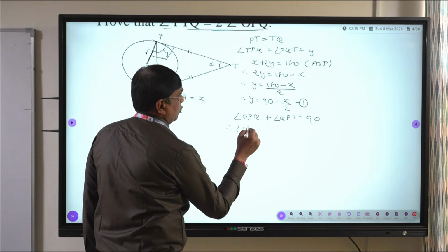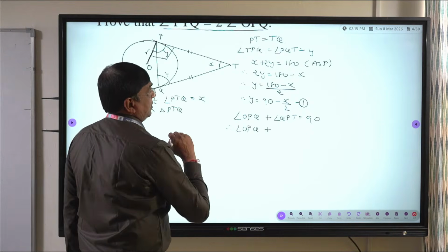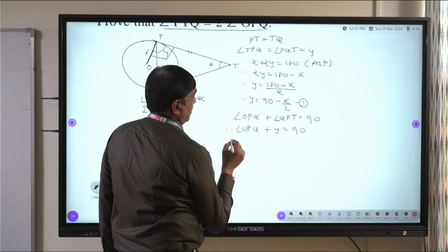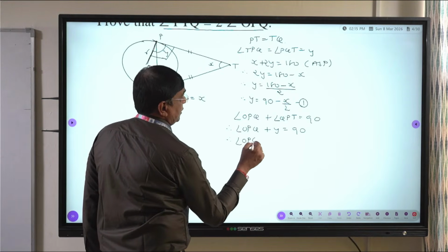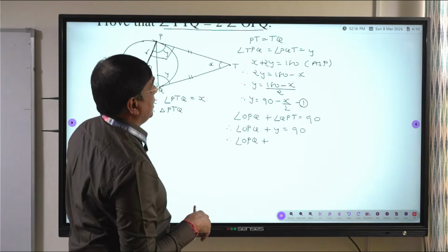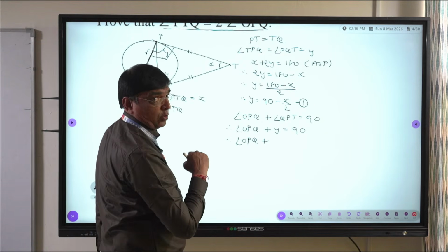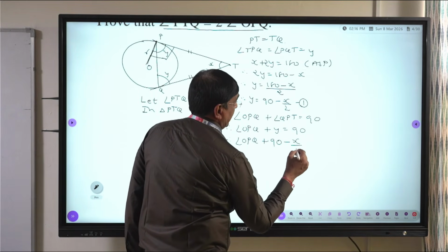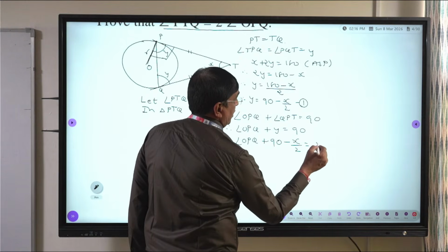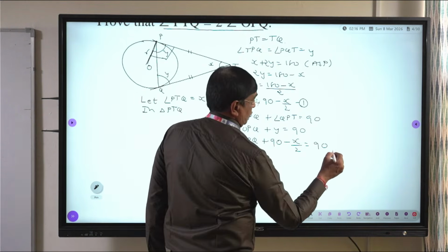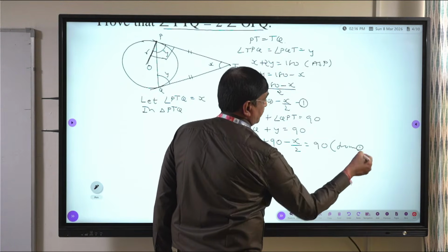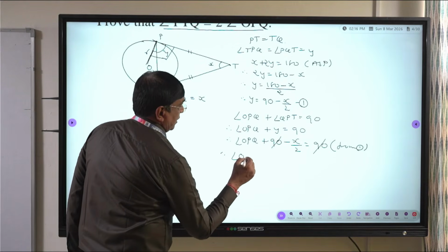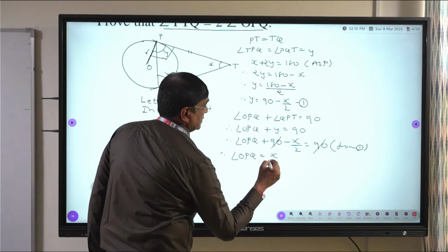So angle OPQ plus y equals 90. Therefore angle OPQ, but the value of y is already there by result 1. What is y? 90 minus x upon 2. So angle OPQ plus 90 minus x upon 2 equals 90. The 90 cancels. Therefore angle OPQ equals x upon 2.